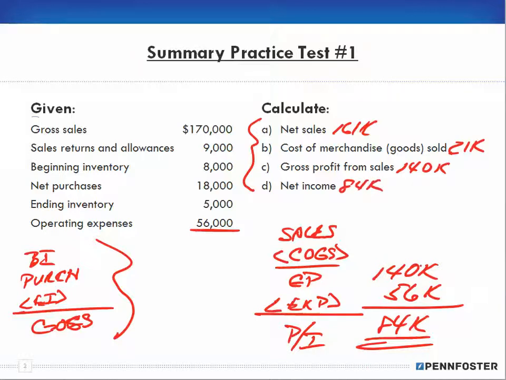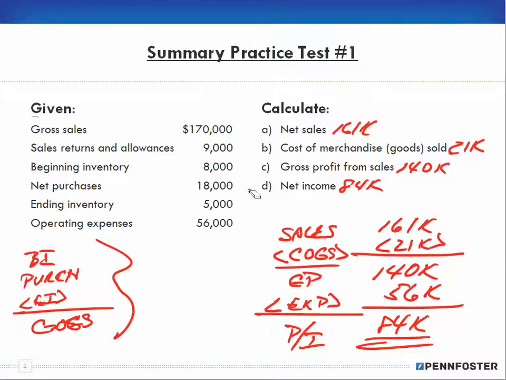And so when we look at this in total, less our cost of goods sold of 21,000, doing the math seemed relatively easy in order to calculate this 84,000, because we went step by step from one problem to the next, and we just picked up and added to it.